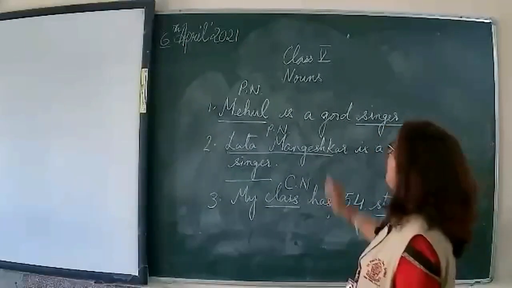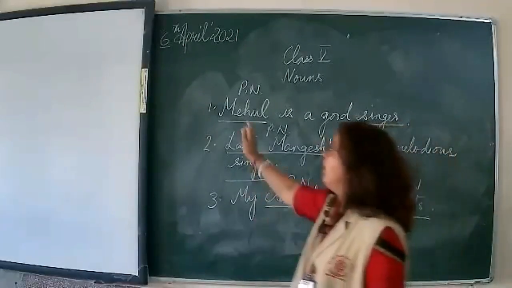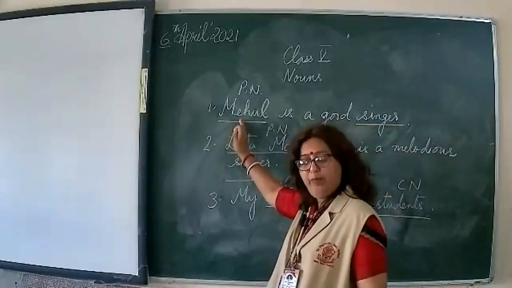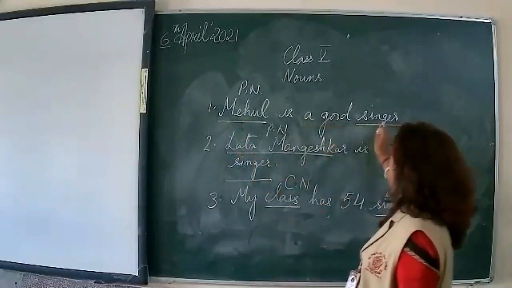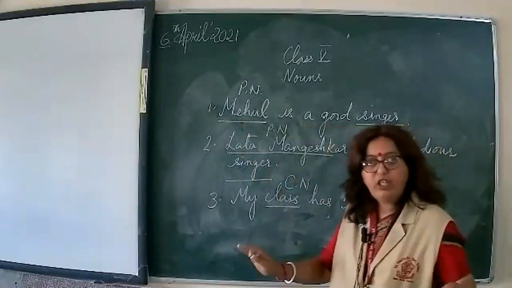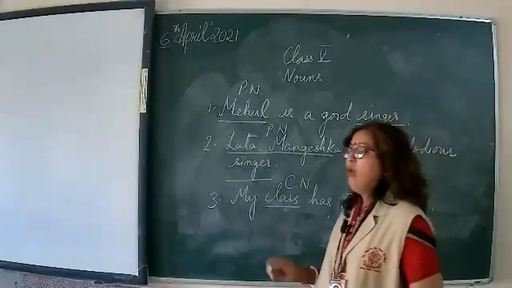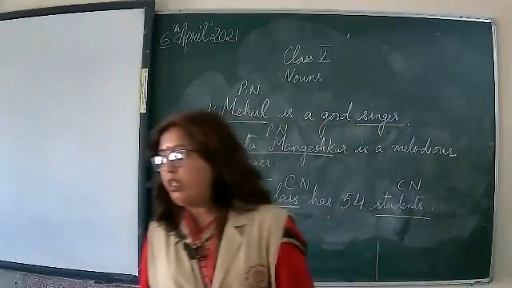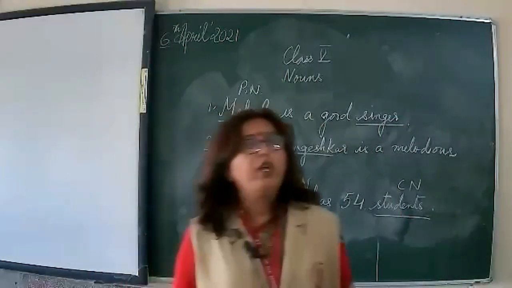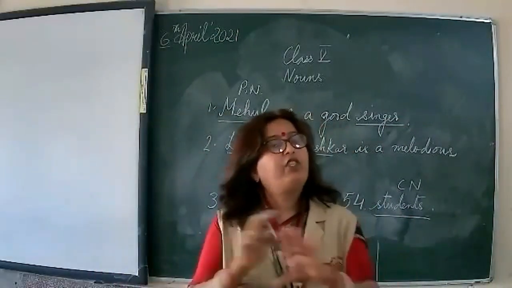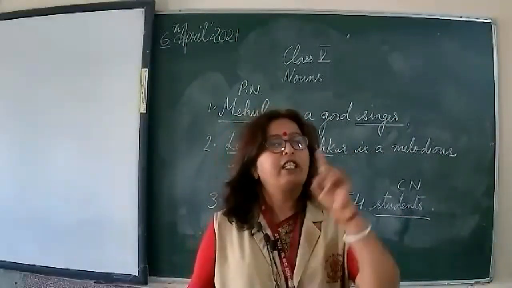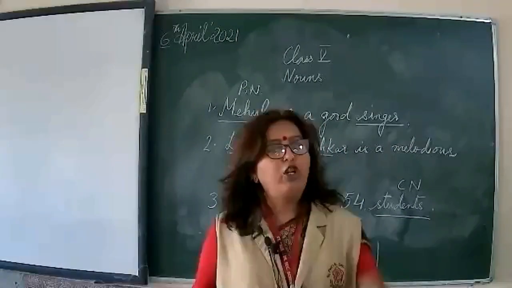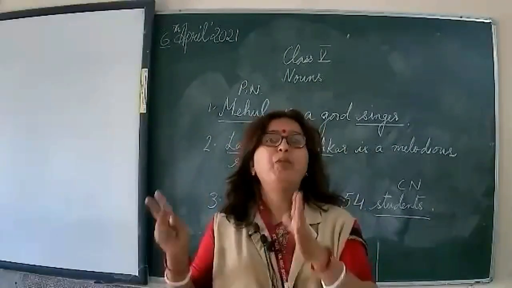Here also, Mehul is a good singer. Mehul definitely is a particular person's name, but the word singer is just common. So now the question is, what is a common noun? A common noun is something which does not indicate, does not pinpoint, does not show anyone in particular.